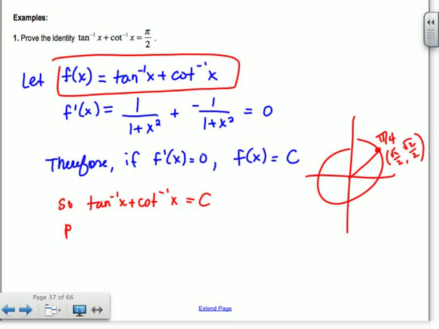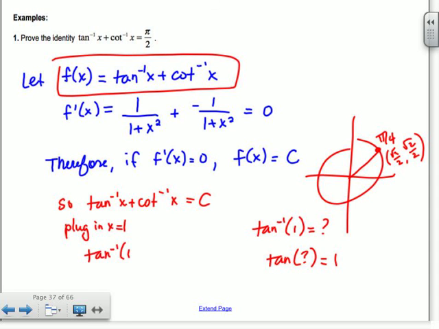Plug in x equals 1, because inverse tangent of 1 equals something is the same as saying tangent of that something equals 1. So we want pi over 4. So inverse tangent of 1 plus inverse cotangent of 1 equals my constant.